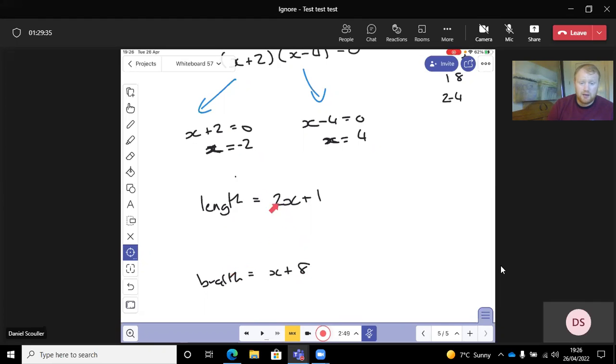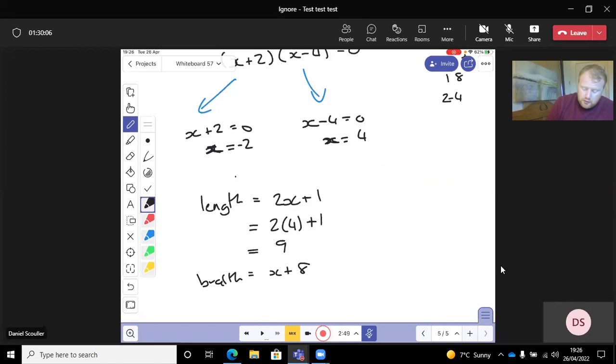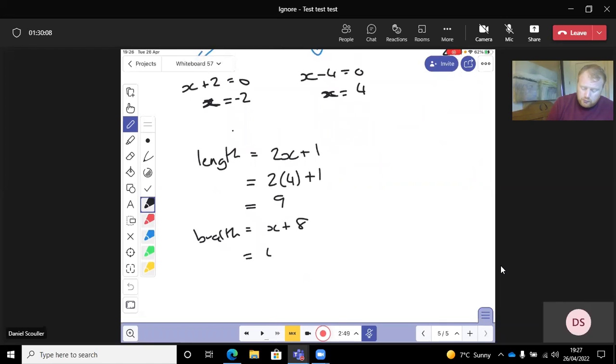Straight away I can tell you that if we substitute negative 2 into here, we're not going to get a solution that makes sense. We're going to get a negative, and you can't have a negative length if you've got a shape. So that solution does not work. It has to be x equals 4. So everywhere there's an x, we put in the number 4. Simple as that.